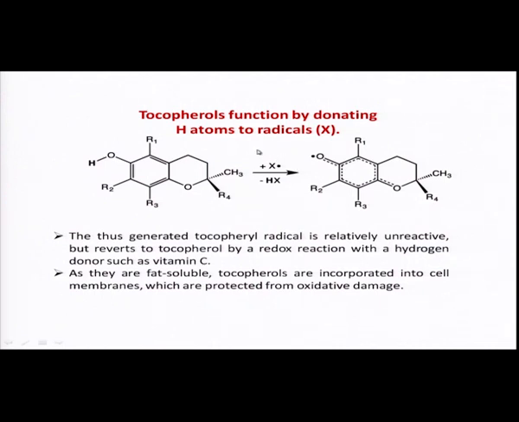So you look over here, tocopherols function by donating the proton atoms to radicals. So if you know what free radicals are, whenever there is a cleavage of a bond, especially of a covalent bond, the cleavage can be homolytic or heterolytic. A heterolytic cleavage of any biological chemical species would give rise to a nucleophile and an electrophile.